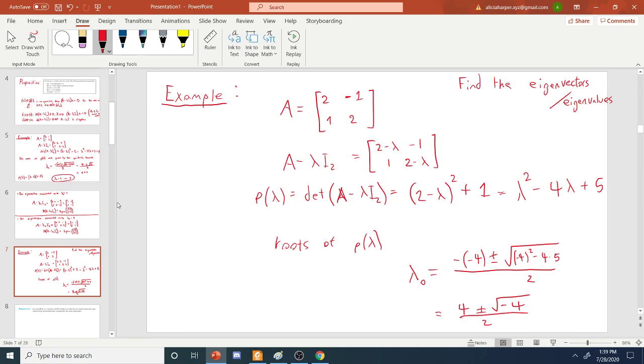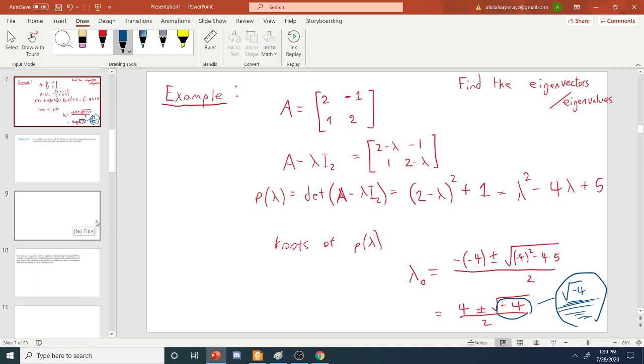But notice there is a big problem. We have the square root of negative 4 here. So, if you recall, whenever you try to take the square root of a negative number, you run into problems.